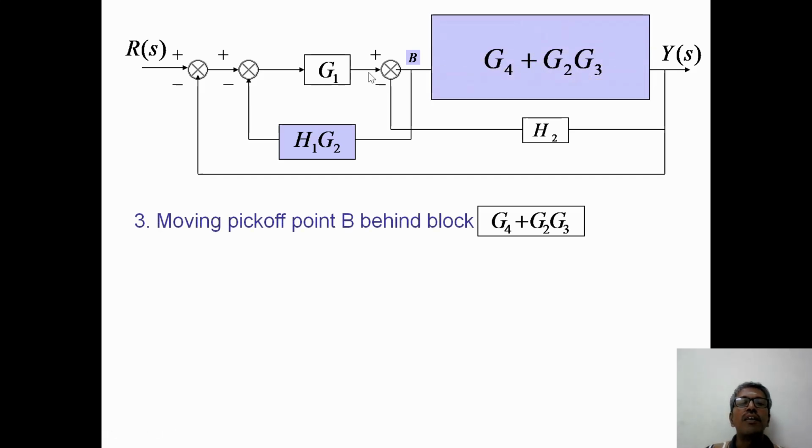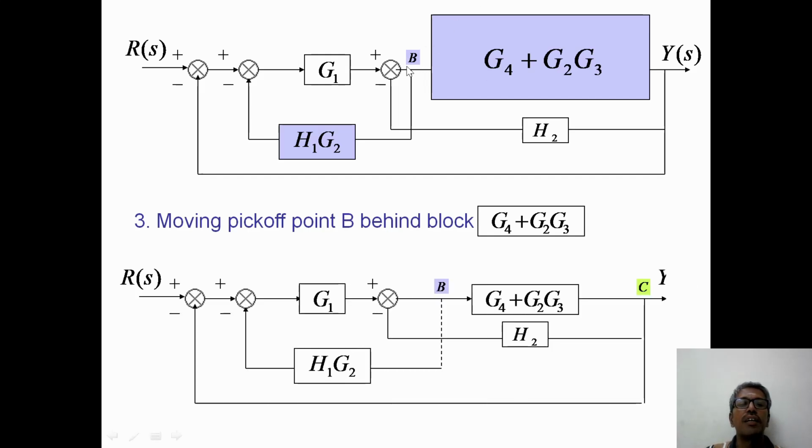Now the pickup point B, you have to move it. We are moving the pickup point from B to C, so you are shifting across the block of G4 plus G2 and G3.